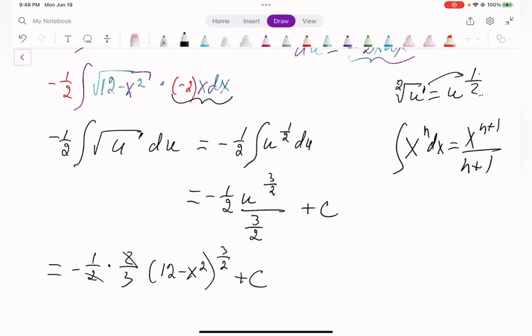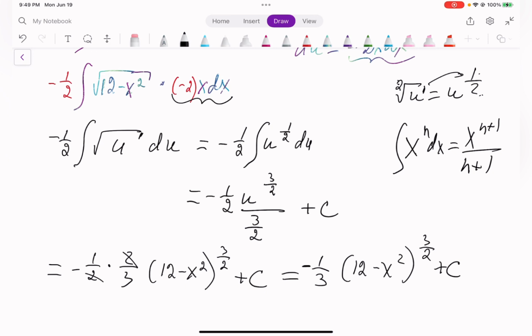That's it. So it's going to be negative 1/3 and (12 minus x squared) to the power 3/2, and plus c. Let me take a picture so I won't forget the whole answer. There we go.